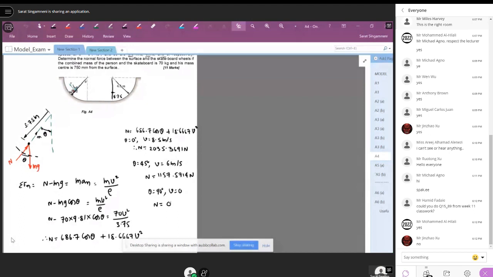Okay, then this problem also I showed the solution in the class. Any problem here?